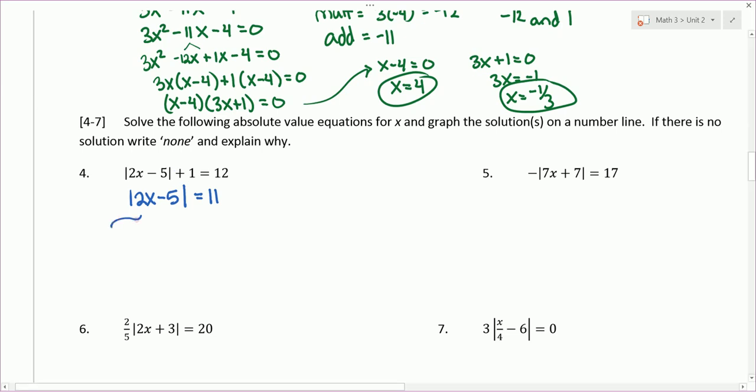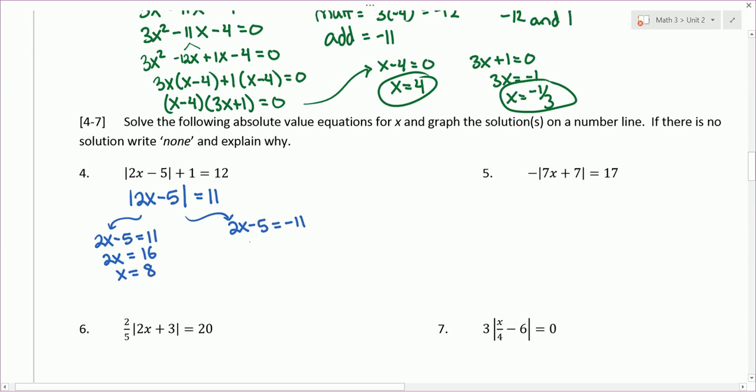So that 2x minus 5 could be a positive 11, and that 2x minus 5 could also be a negative 11. Solving for x, we add 5 to both sides and divide by 2. So one of my solutions is x equals 8.